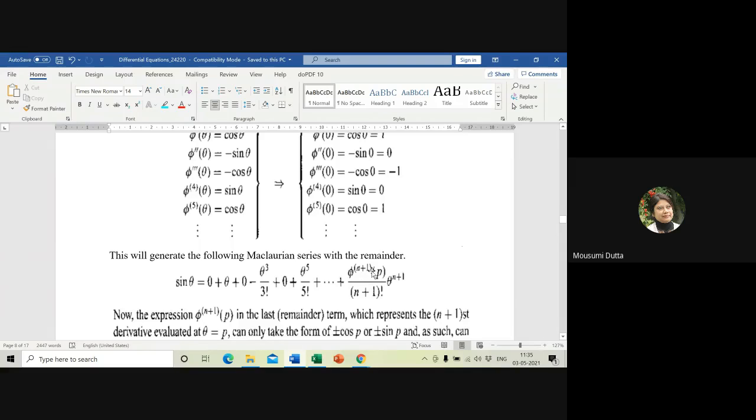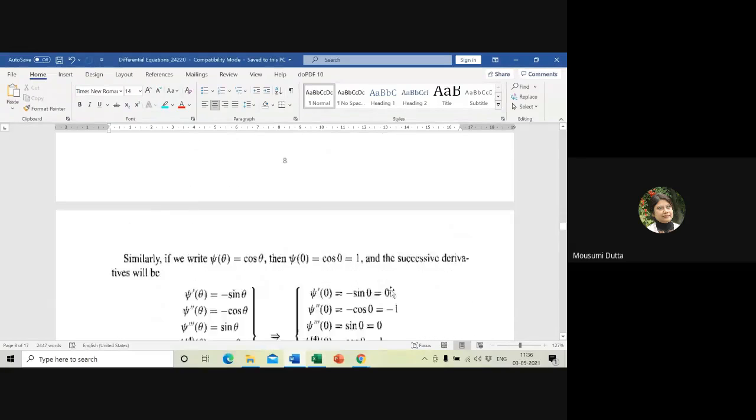And the last value is p. So at p, we are trying to find out the value of the function, that is when theta is equal to p, say. So at that point, we are trying to find out the remainder term. Is it now clear? Yes, ma'am. Thank you very much.